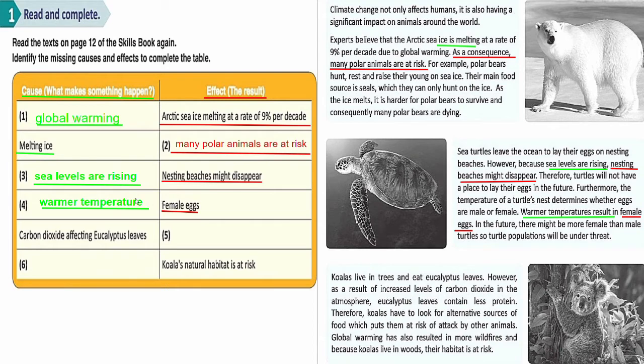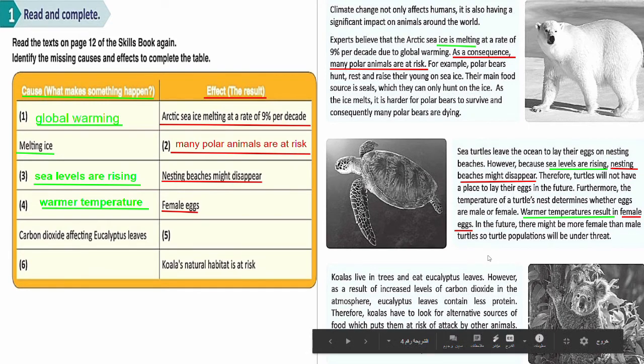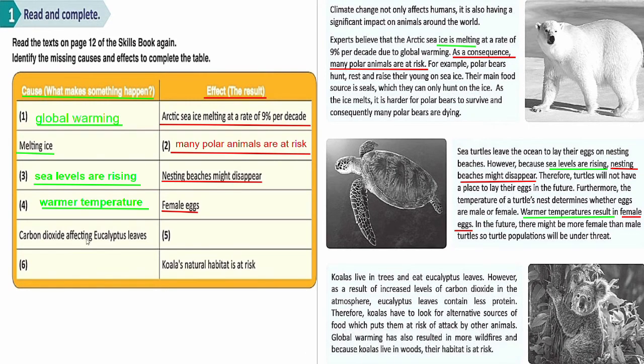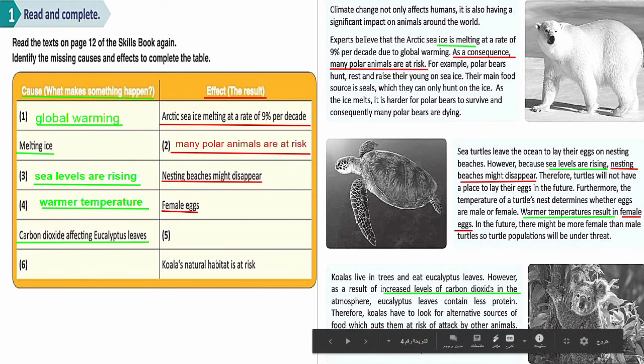Then we have carbon dioxide affecting eucalyptus leaves. We are speaking about koala for sure. Koala lives on trees and it eats eucalyptus leaves. But how is carbon dioxide affecting eucalyptus leaves? So this is the cause. When we look, we have here carbon dioxide and eucalyptus leaves.